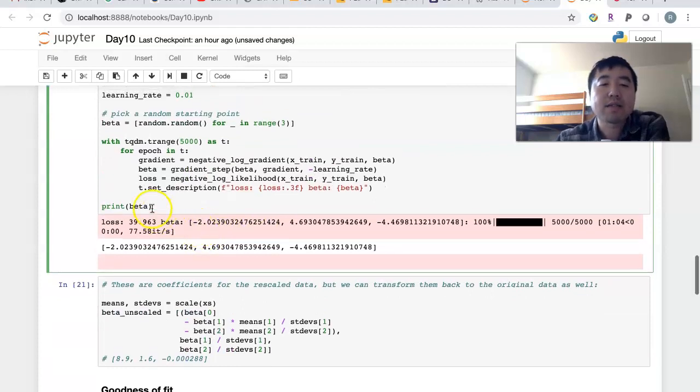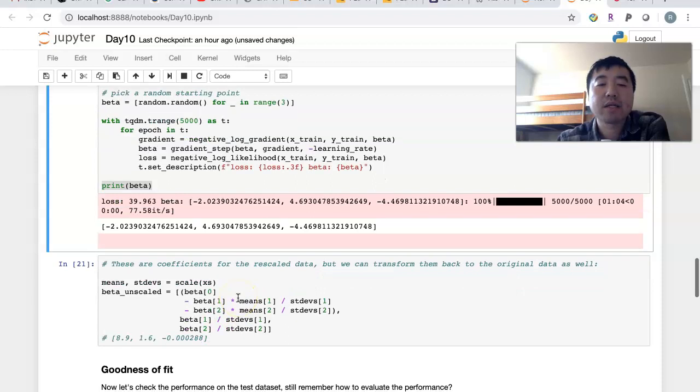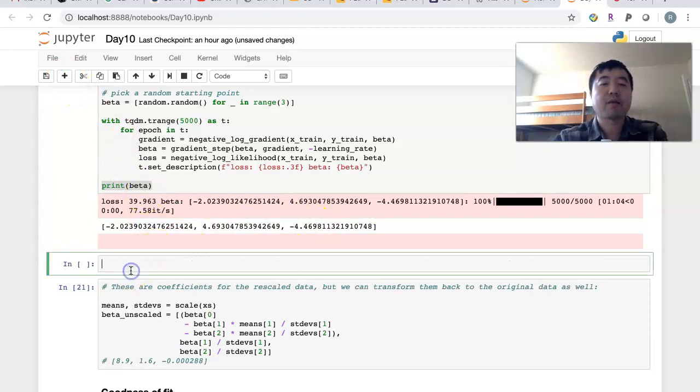Okay, so once it's done, I print the beta. This is the final beta we got. Now your model is something like, I can just print it. Your model now is y would be f of your x as the input times the beta. We have it here.